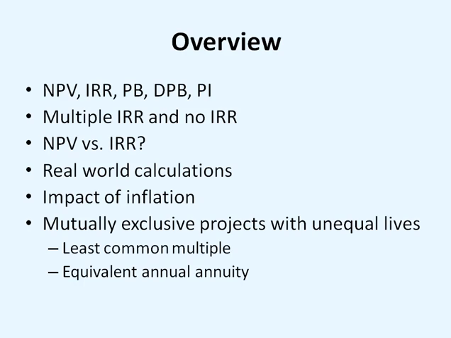Then the book talks about two projects, project A and project B. Project A has high NPV, but project B has high IRR. Which one will you select? And it gives a very good explanation of which one you should select and what your selection criteria should be.